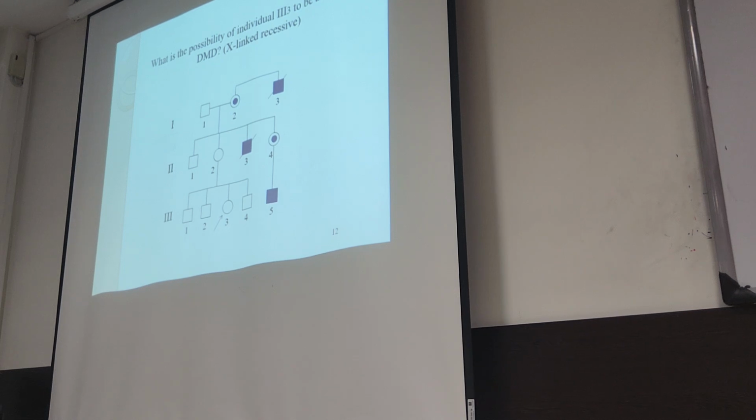Why 25? It's 1 over 3. 1 over 3, doctor. You should remove the XY probability because she's a girl, so it's 1 over 3 probability.